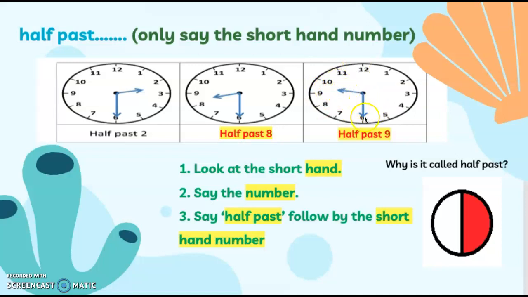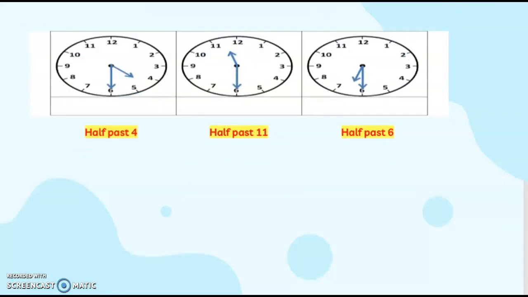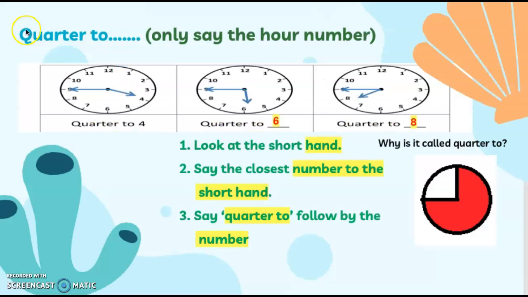That's why we say 9:30. See the next example. This one, 4:30. It has not reached number 5. It just passed number 4. That's why we say 4:30. And this one, 6:30.